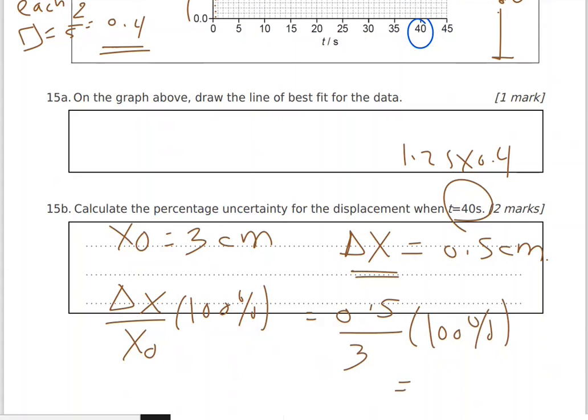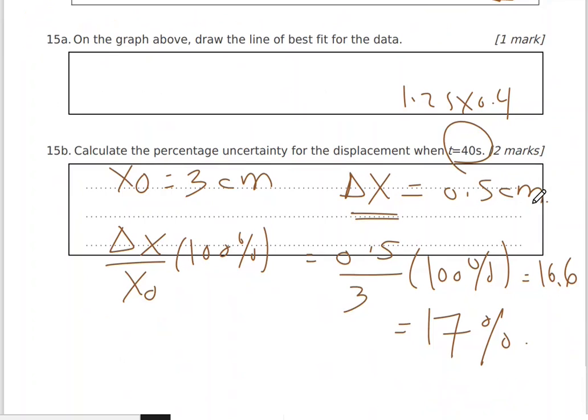This will be around 16.6, so around 17%. If you got values between 15% and 25%, you're on the safe side.